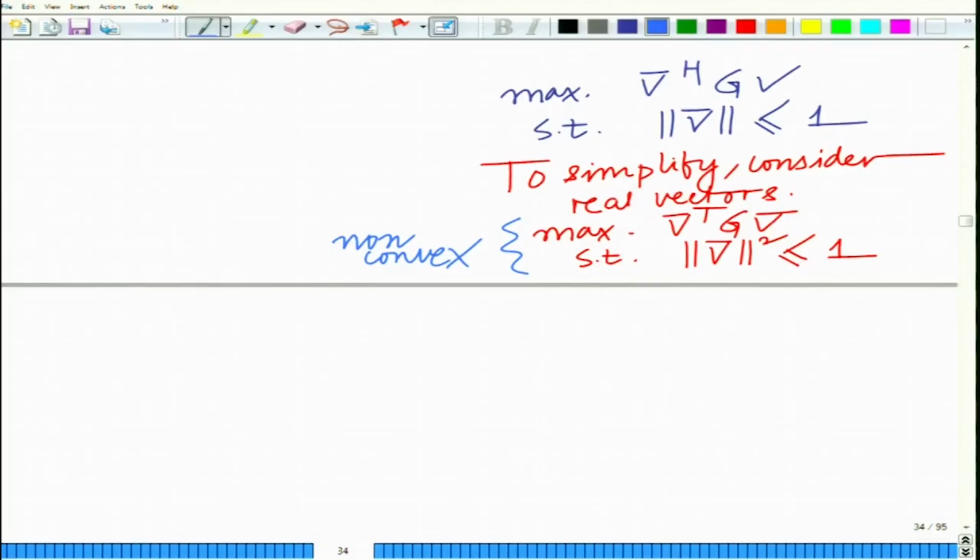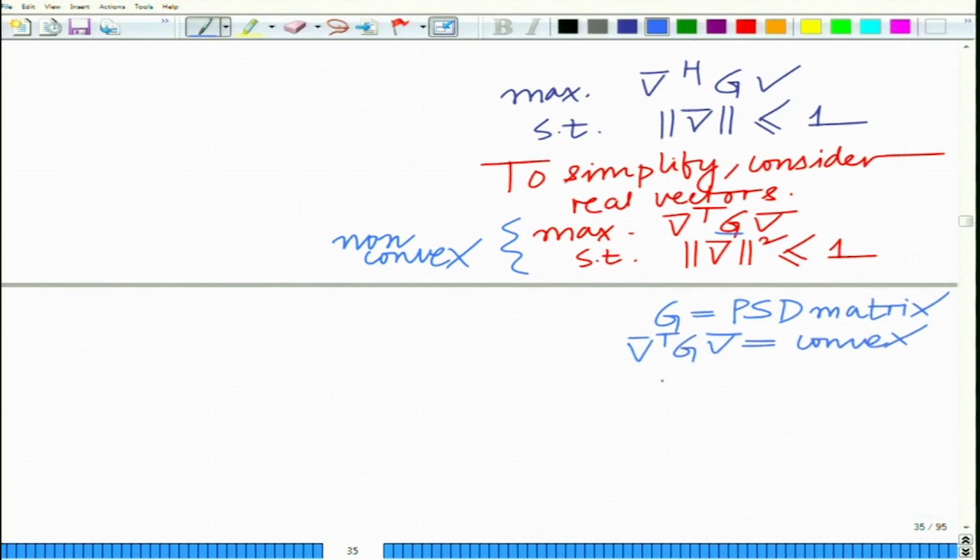In fact, if you minimize it, you have to take the negative and minimize it, but once you take the negative, the convex objective becomes a concave objective, and therefore it is a non-convex problem. Okay. And it is because G is a positive semi-definite matrix, G equals a PSD matrix, and V bar transpose G V bar is convex.